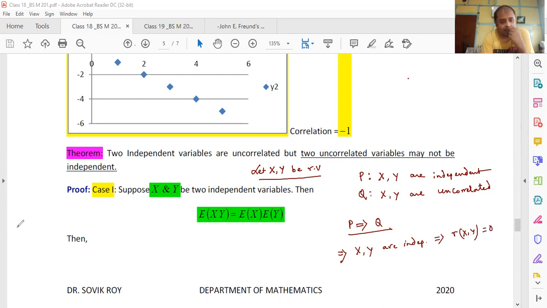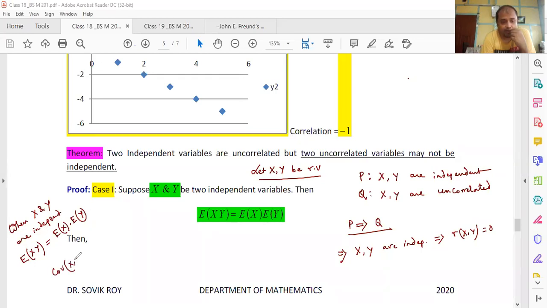Now, we know that when capital X and capital Y are independent, then it is a theorem which says that expectation of XY becomes E(X) into E(Y). Otherwise, you cannot write it. Only when capital X and capital Y are independent can you write this.